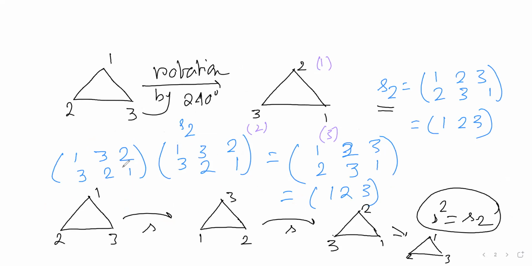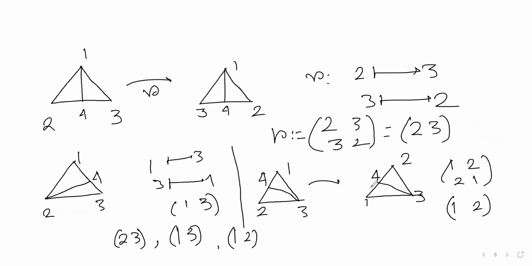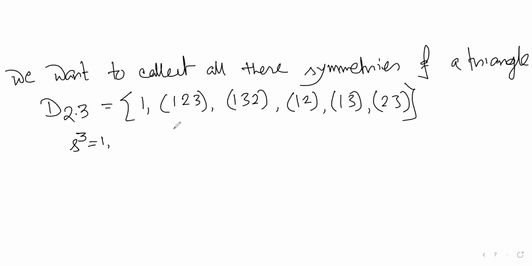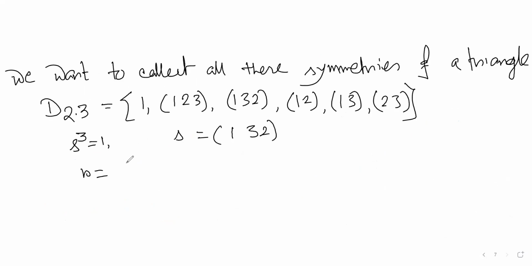This is my element (1 3 2). And R is what I defined here, R is my (2 3). R square equals identity, and R is my (2 3).